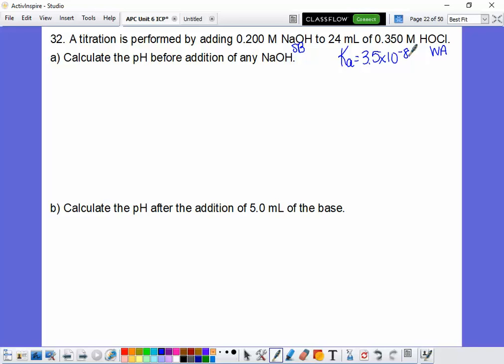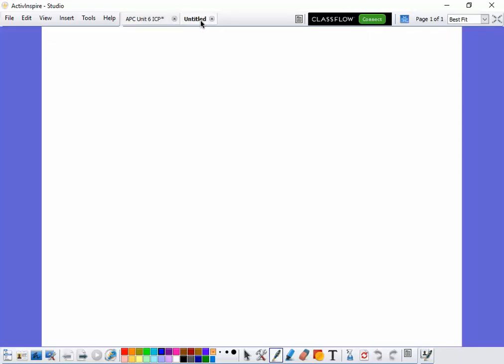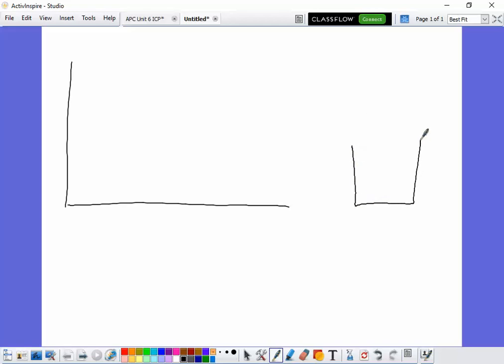So let me flip over to the other flip chart now. We have a titration, and we're going to be looking at the way the curve looks, the graph of that. Here's my beaker.